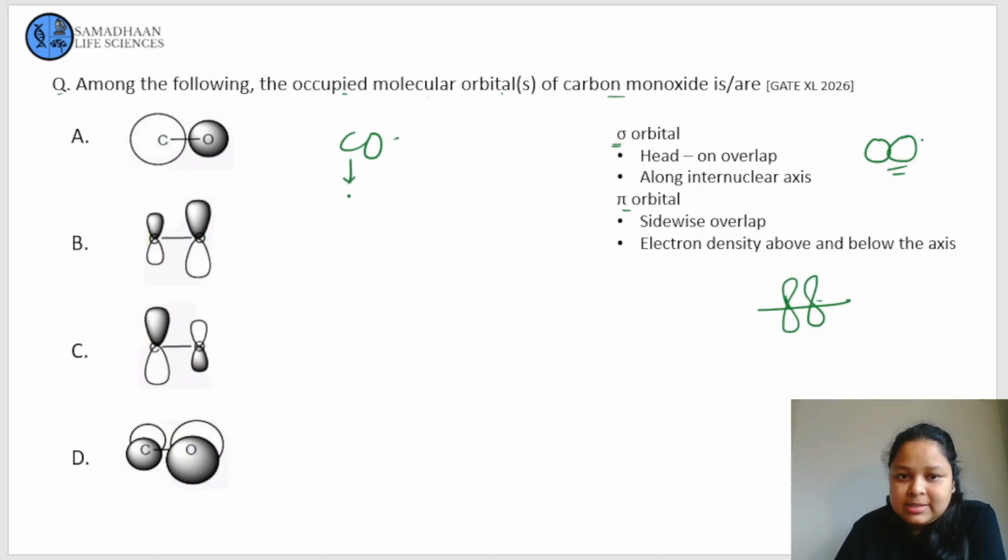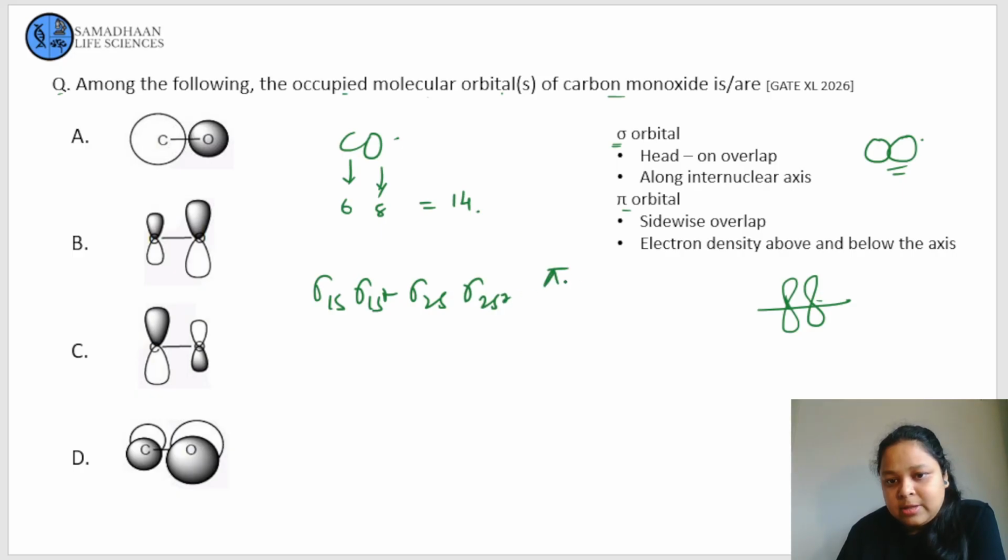So carbon has 6 electrons, oxygen has 8, so total 14 electrons. So σ1s, σ*1s, σ2s, σ*2s, then π2p, and σ2p. So 2, 4, 6, 8, 10, 12, 14 electrons total.